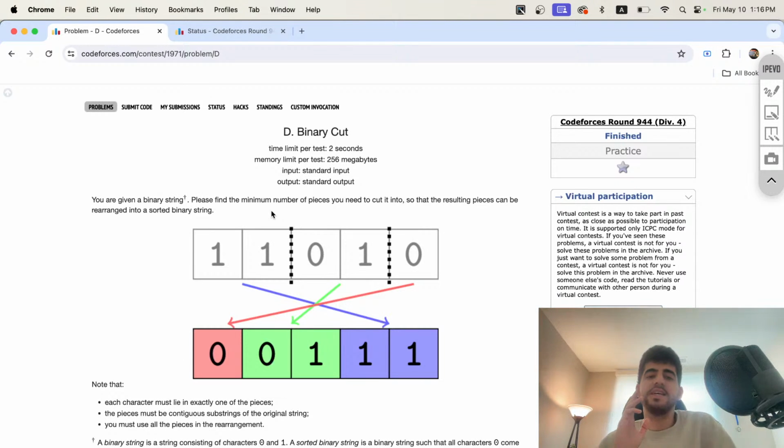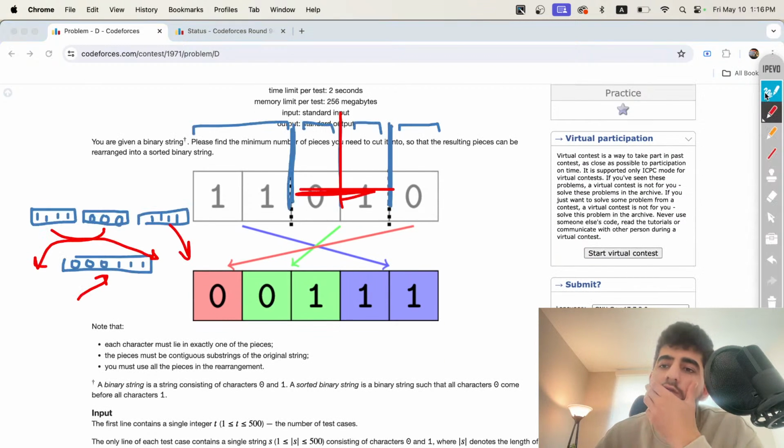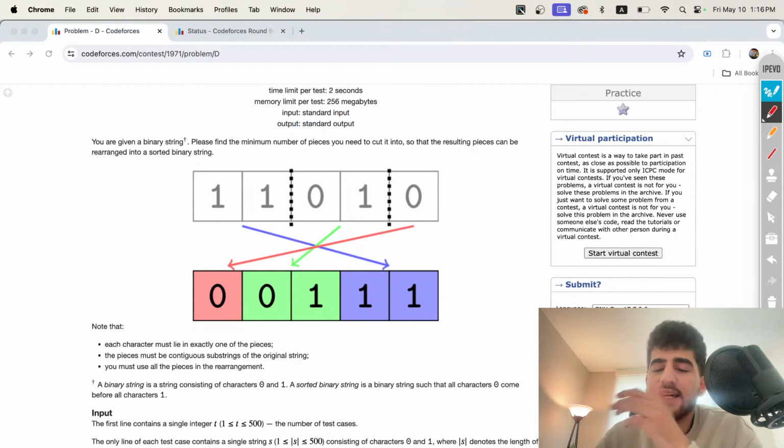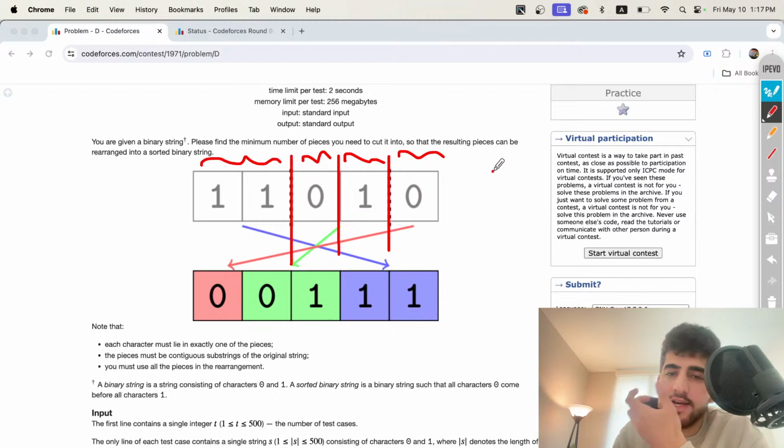But all I'm saying is that only for one part you can have a prefix of zeros and a suffix of ones. So first I set my answer to be the number of different blocks. I partition everything into zeros and ones and see how many blocks of ones and how many blocks of zeros I have. For example, here I initially set my answer to be 4.